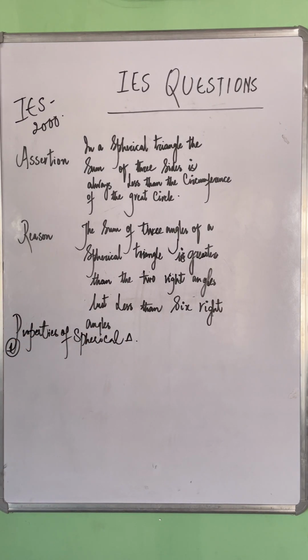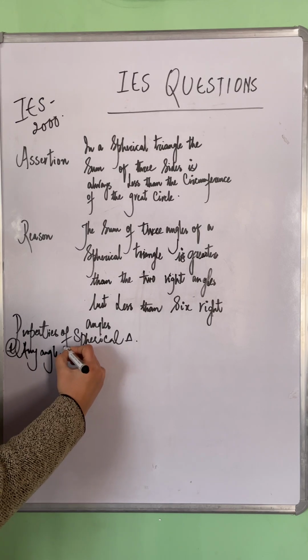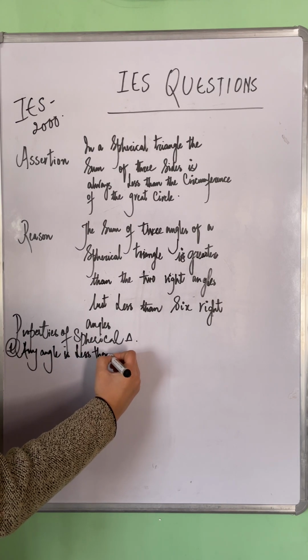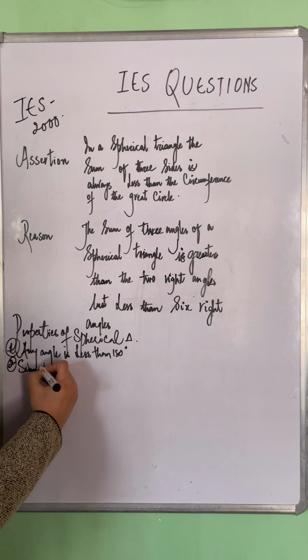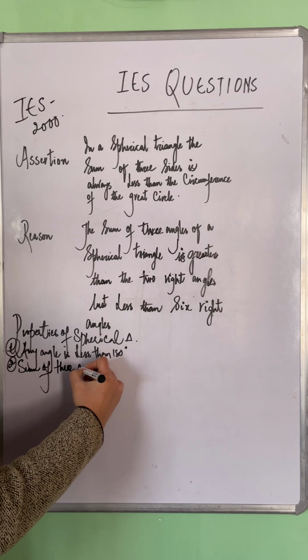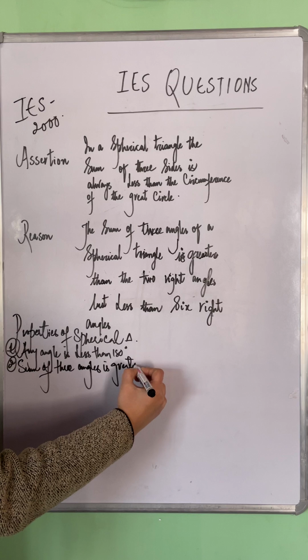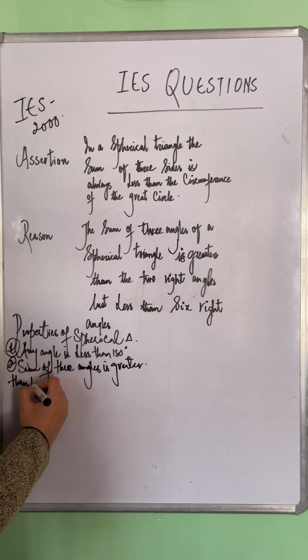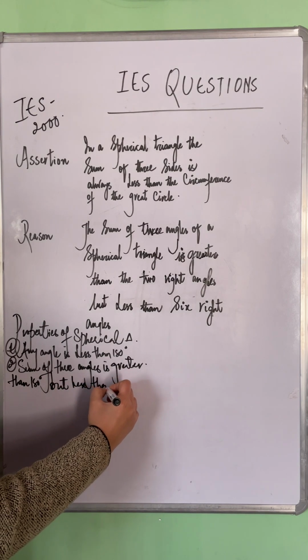First property is that any angle is less than 180 degrees. The second property is that the sum of three angles is greater than 180 but less than 540 degrees.